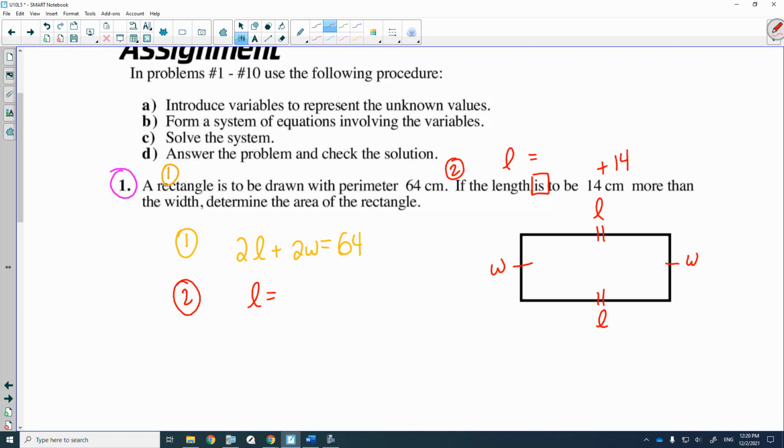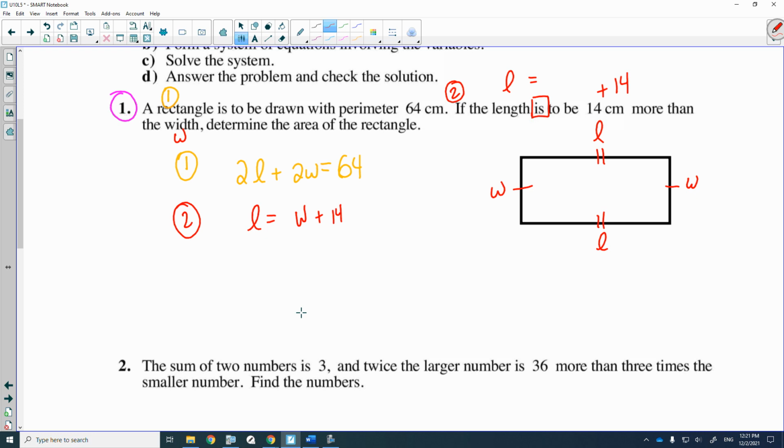If it was 14 less, it would be minus 14, right? So 14 more is plus 14, then the width. What would the right-hand side be? L is equal to, yep, I always put the letter first, so I'm going to put W plus 14. And the reason why I do that, again, is because if it was 14 less, it would be W minus 14. So I always tend to write it in this order.